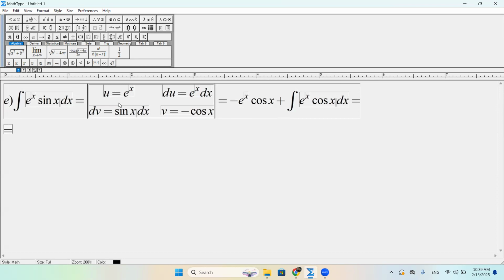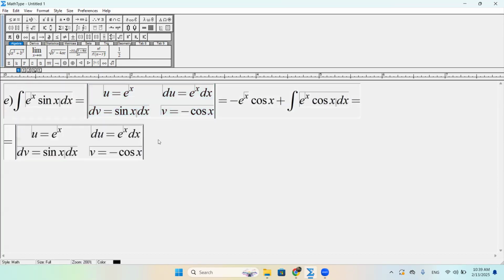If the first time you took u as the exponent and dv as the trigonometric function, you need to do the same in the second calculation as well.